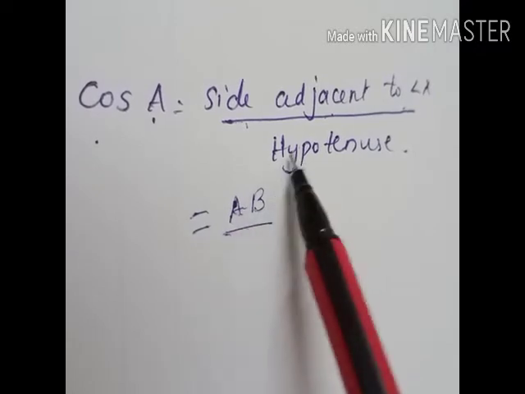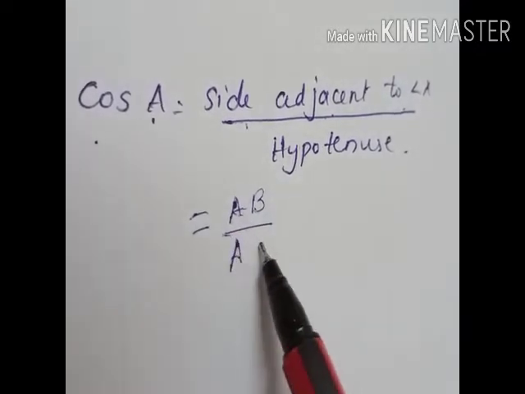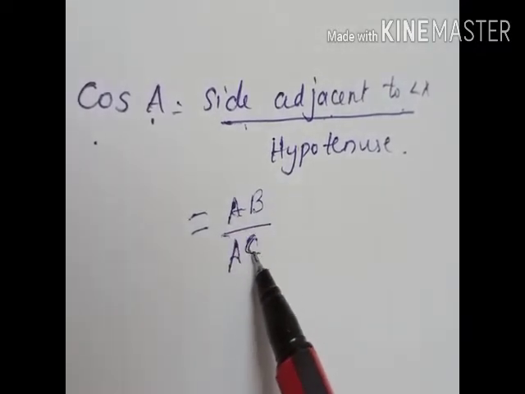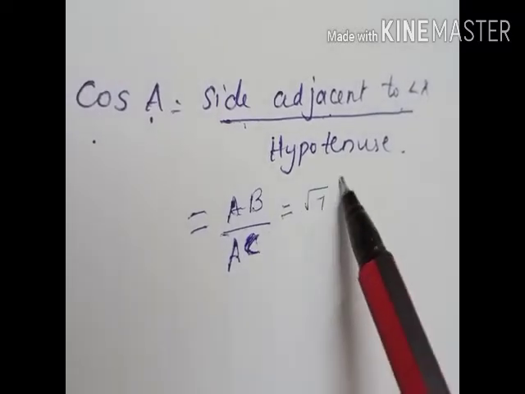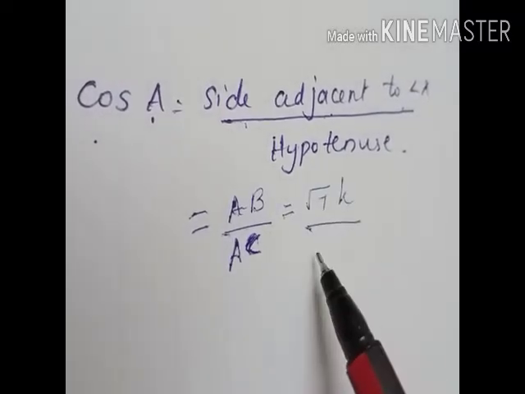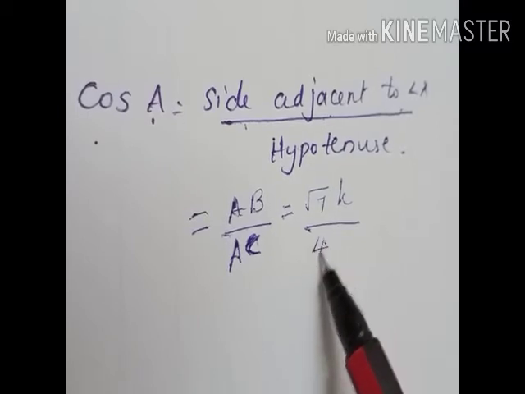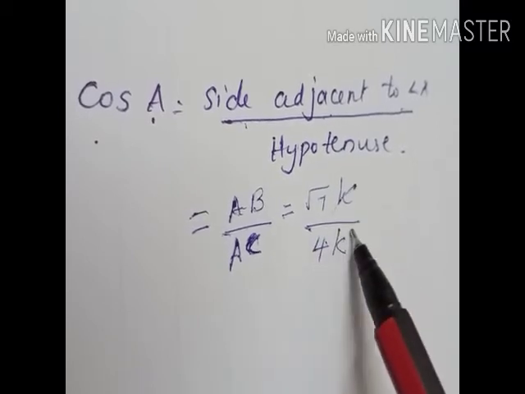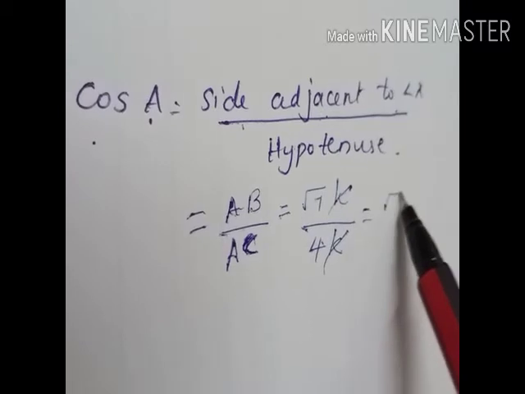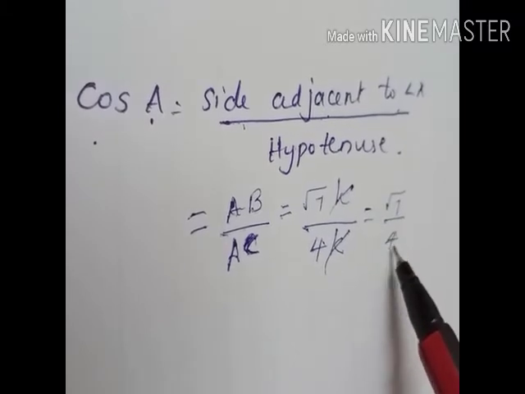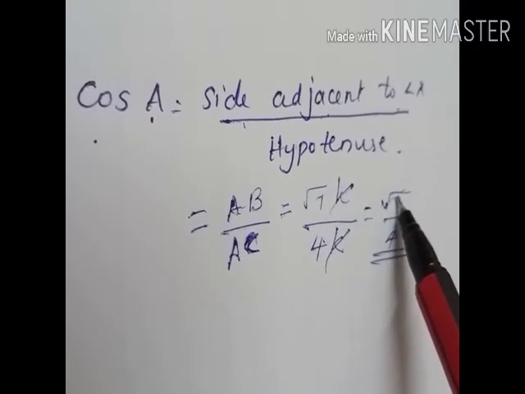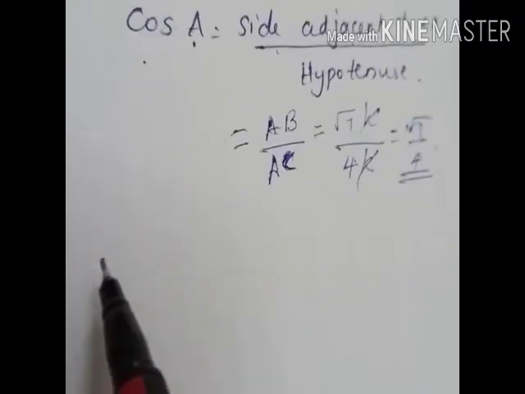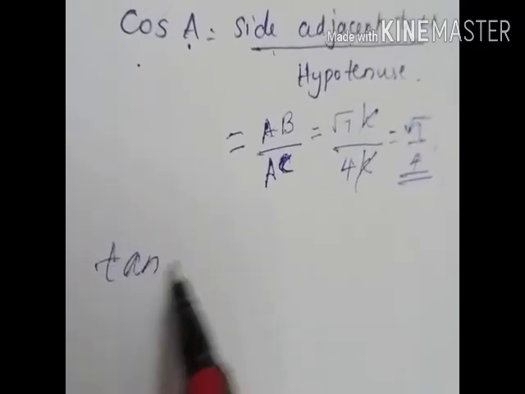So AB by hypotenuse, which is the side opposite to angle B, that right angle, that is AC. So AB we got as root 7K and AC we take as 4K. Now this K and K we can cancel. So what is the answer? Root 7 by 4. This is cos A.